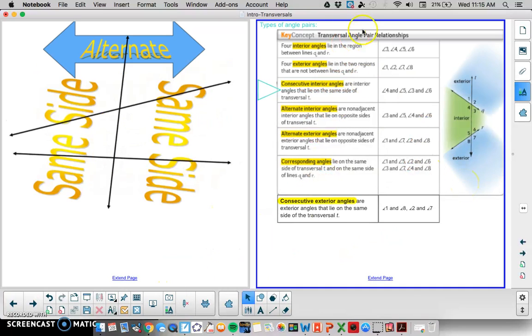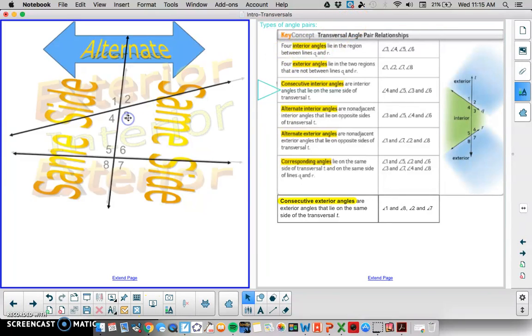So things like the four interior angles here. The angles here that are interior are 3, 4, 5, and 6. The four exterior angles are 1, 2, 7, and 8. Then we have what are called consecutive interior angles. Those are the ones that are inside of the lines and on the same side of the transversal.